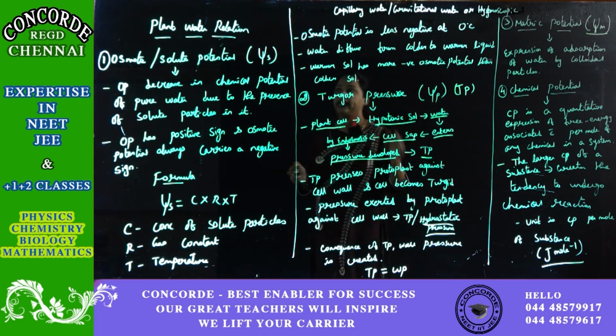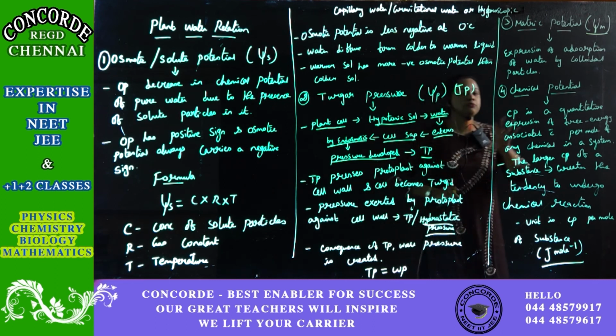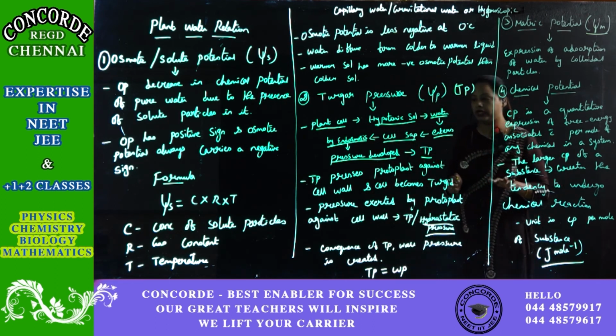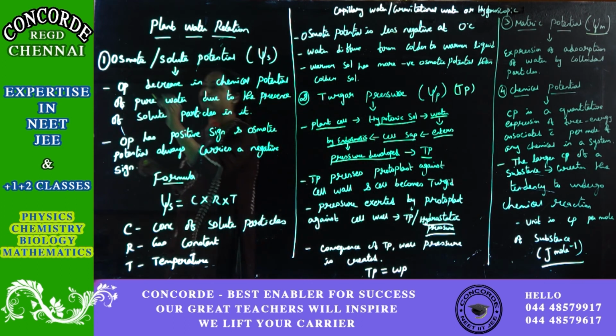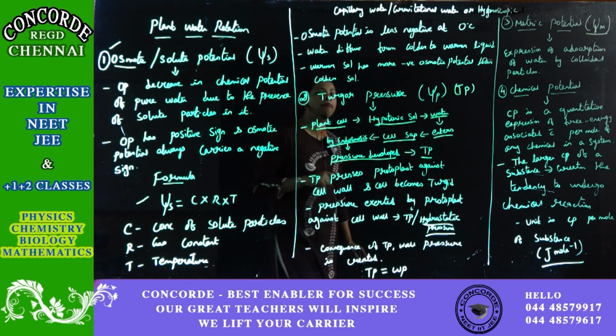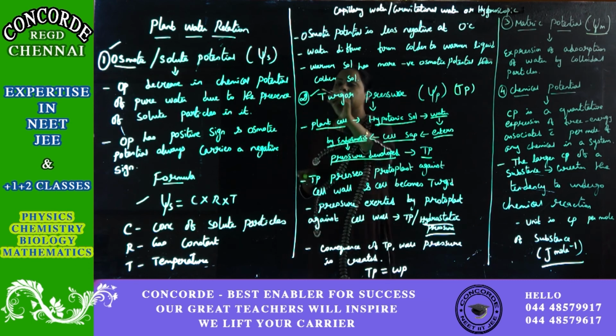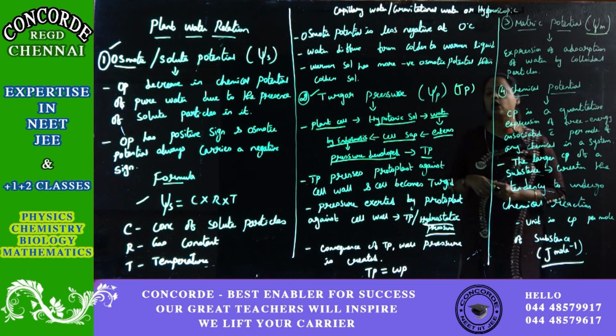If you take this plant water relationship, these potentials are important. First and foremost important in plant water relation is osmotic or solute potential. This is very important. When it comes to the formula C minus R minus T, that is again important. Next is the Turgor pressure, because without Turgor pressure, endosmosis is not possible.